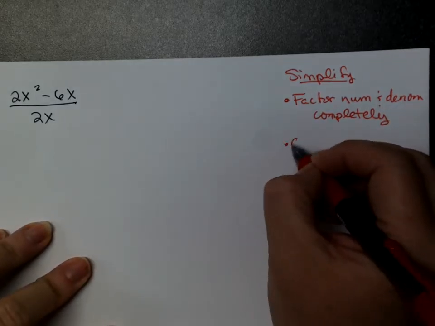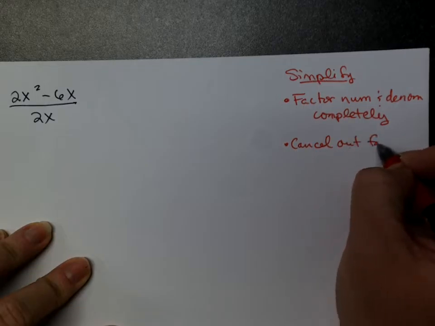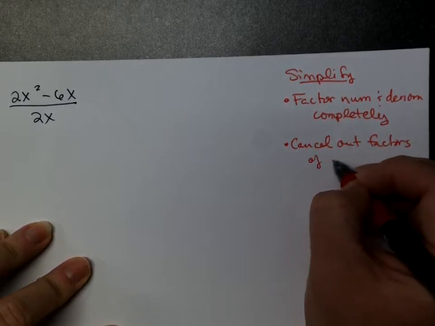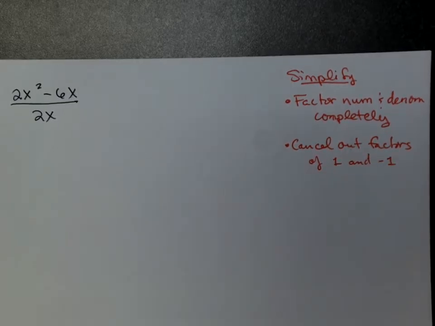And then finally, cancel out. Once it's fully factored, you cancel out factors of 1 and negative 1. And if you cancel out opposites, then that's canceling out a factor of negative 1. You throw a negative out front. Okay? So if you have to do any factoring, if you can do it mentally, then do it mentally.